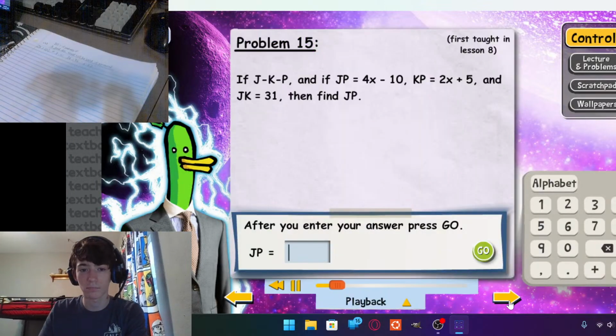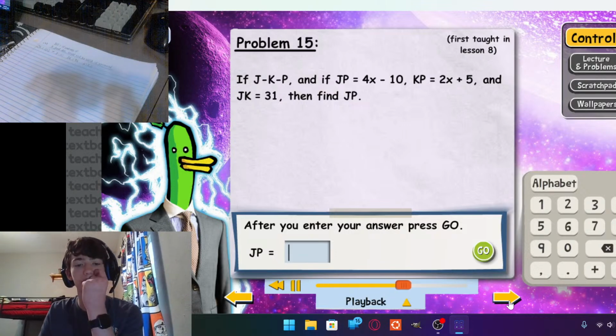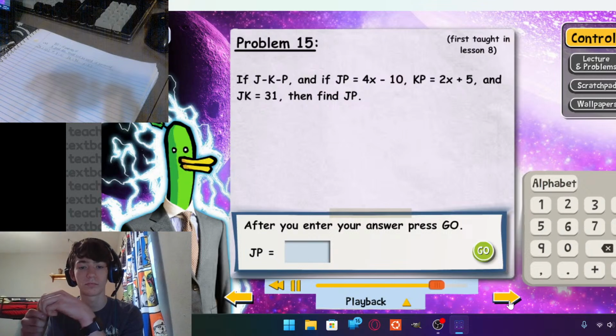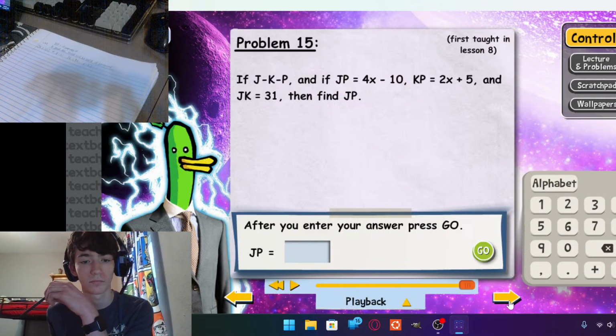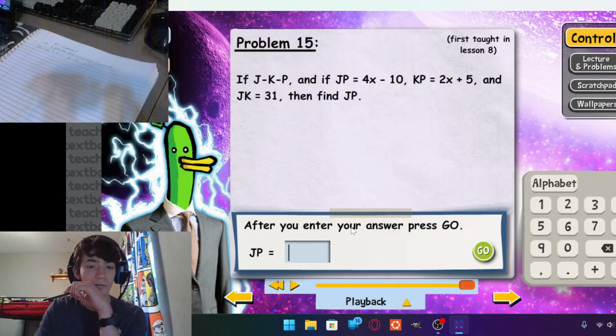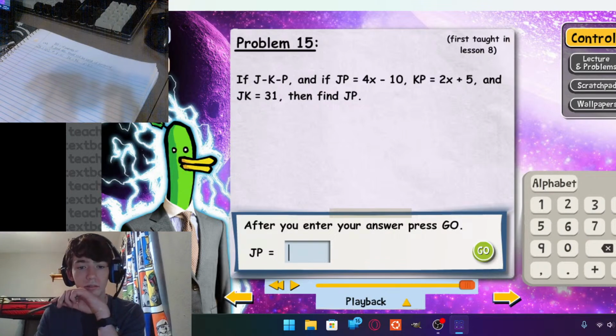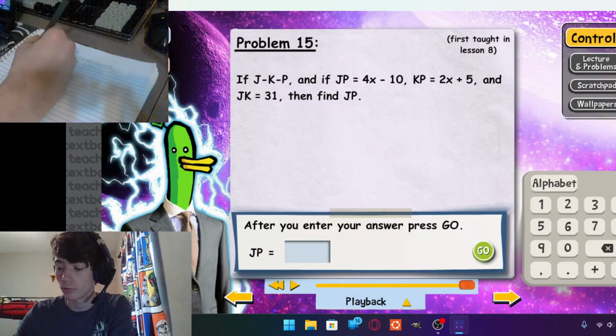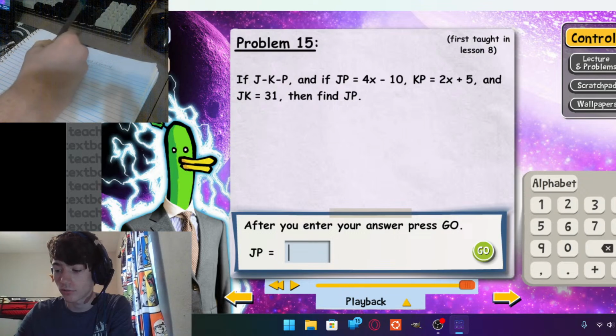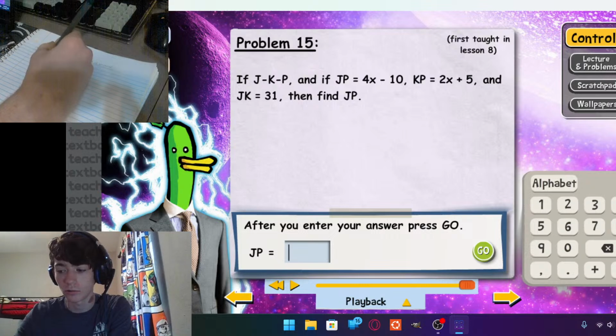If point K is between point J and point P, and if JP equals 4x minus 10, KP equals 2x plus 5, and JK equals 31, then find JP. What the frick? Okay, I understand. So 31 plus 2x plus 5 equals 4x minus 10, right?